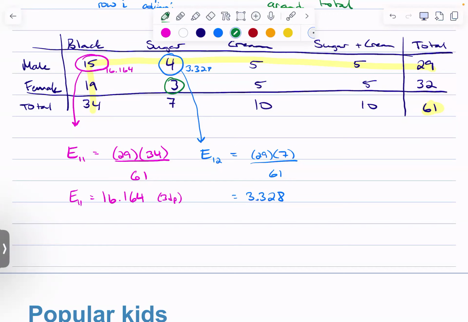And so the expected count for row 2, column 2 is 32 times 7 divided by 61. So I would expect 3.672. And I would jot that down here.